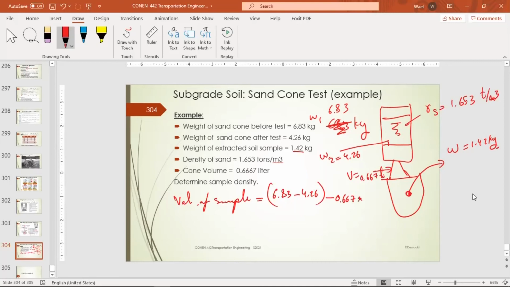Let's multiply it by 10 to the power minus 3, so now it's meter cube. Multiply by gamma, which is 1.653. This will be in tons. Multiply by 1,000 to get kilograms. And this is divided by gamma sand, which is basically 1.653.